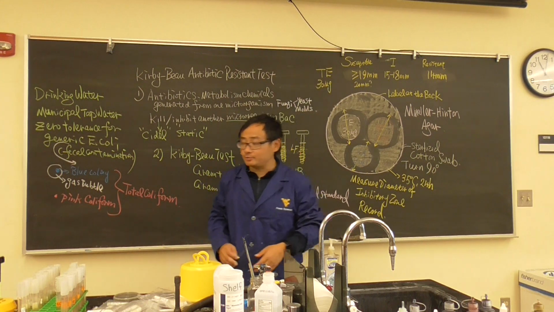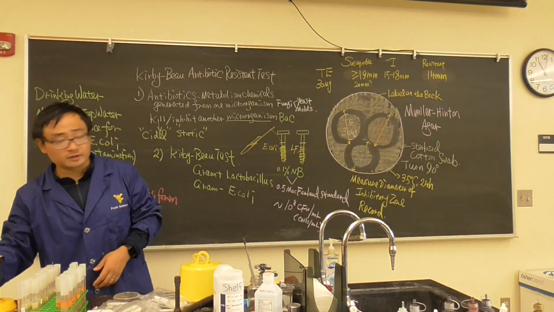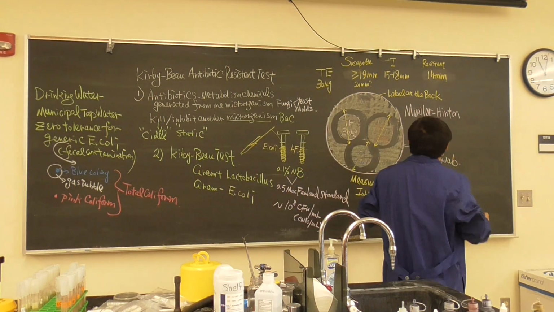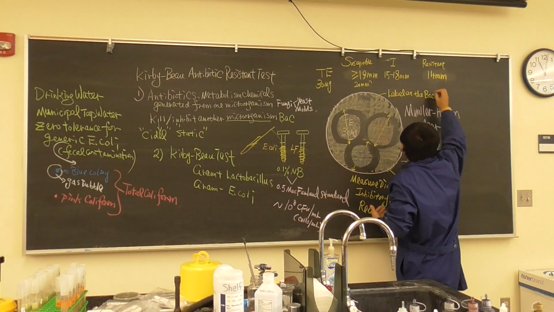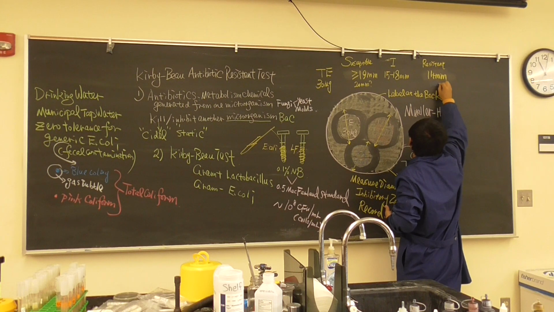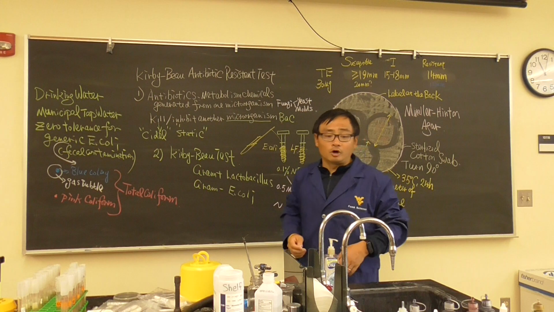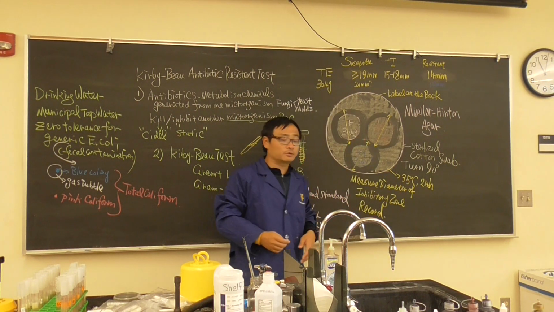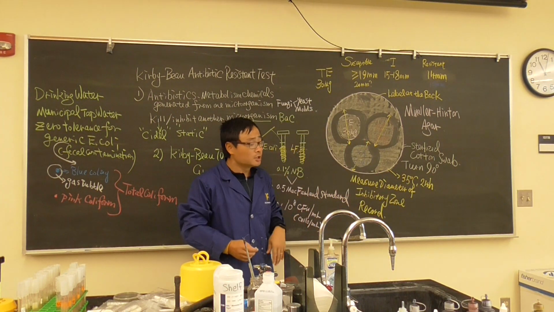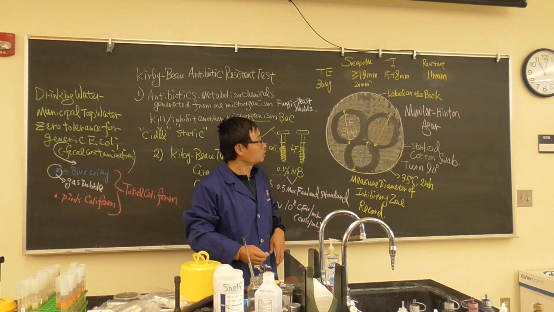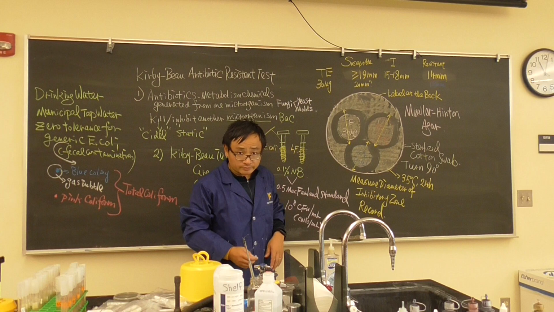Let's say some other people find that for your lactobacillus, the inhibitory zone is only 12 millimeter. Although it still inhibits bacterial growth, compared to this table, we will say your lactobacillus is resistant to tetracycline.